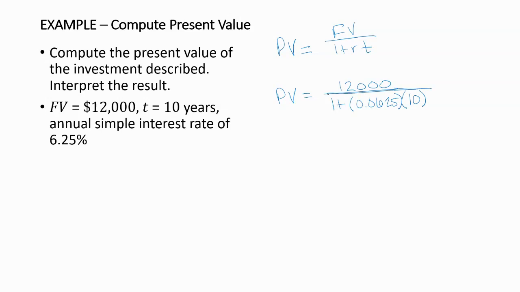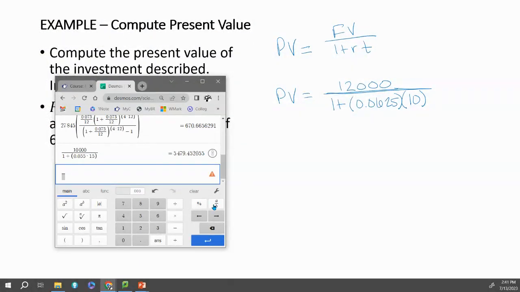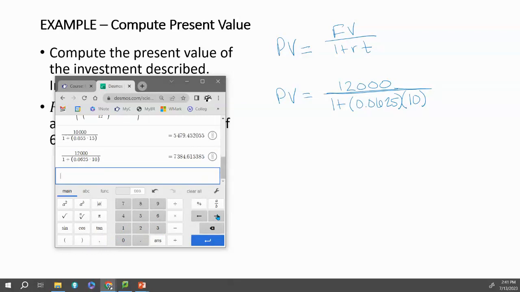Okay. So let's go get our handy little Desmos Scientific here. And we have a fraction. In our numerator, we have $12,000. In the denominator, we have 1 plus, open parenthesis, our interest rate, 0.0625, times the number of years we're going to leave the investment in the bank. So our present value, what we would need to deposit, $7,384.62.